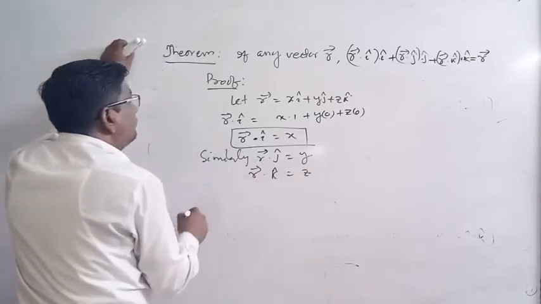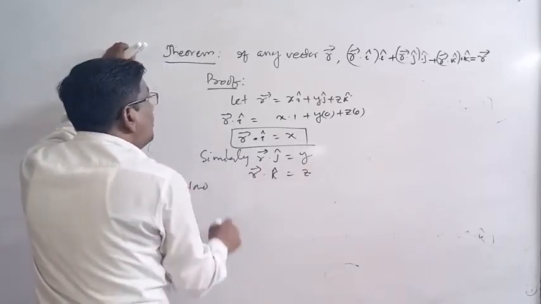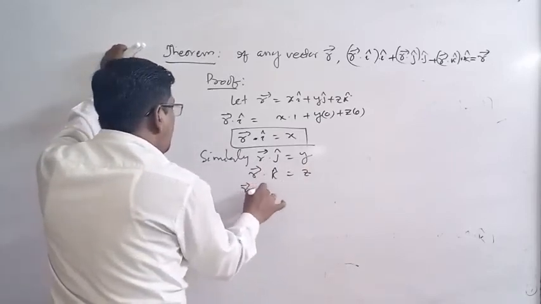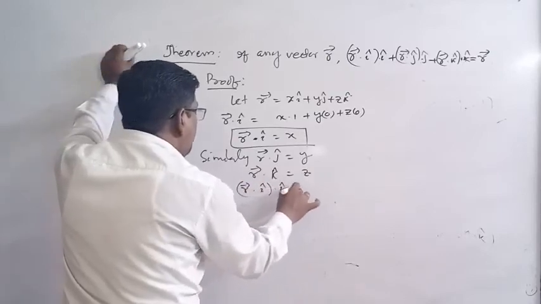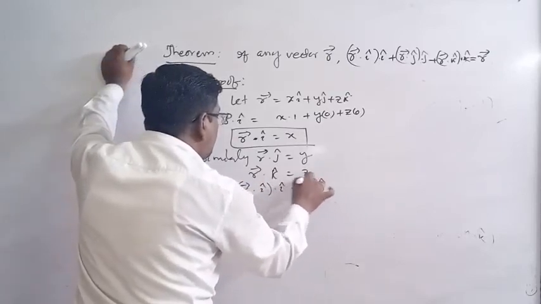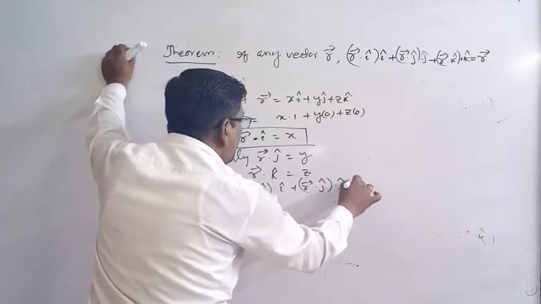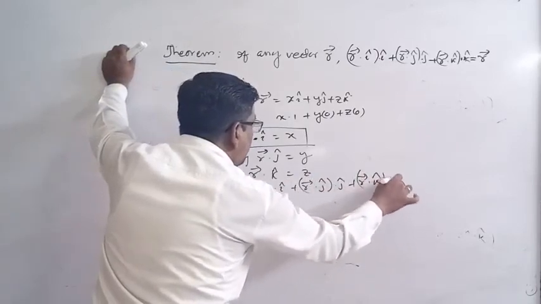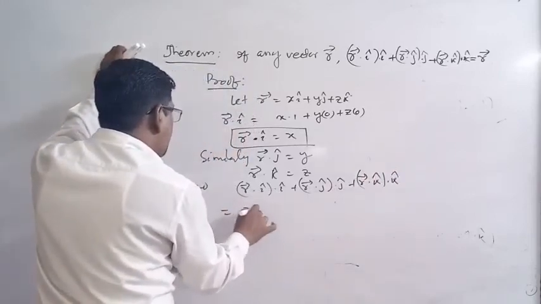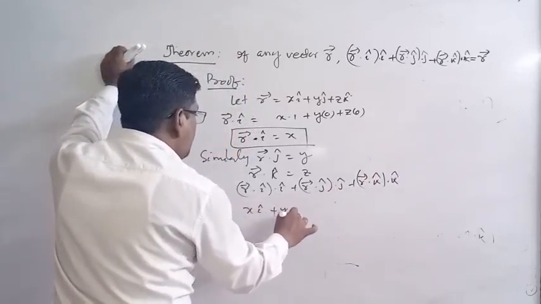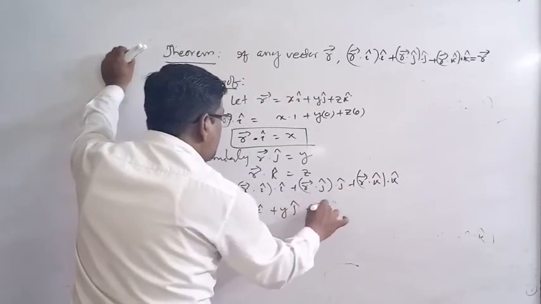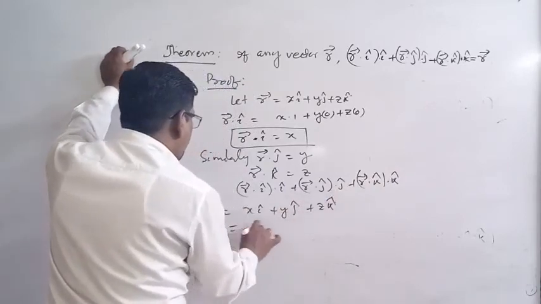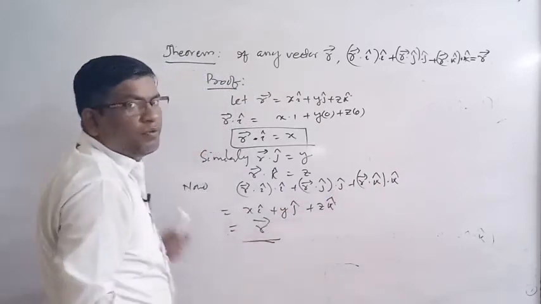Now R dot I times I cap, plus R dot J times J cap, plus R dot K times K cap, this is x i cap plus y j cap plus z k cap, which is nothing but the R vector, hence proved.